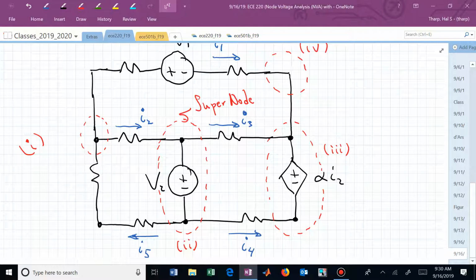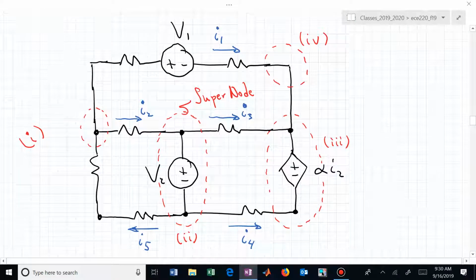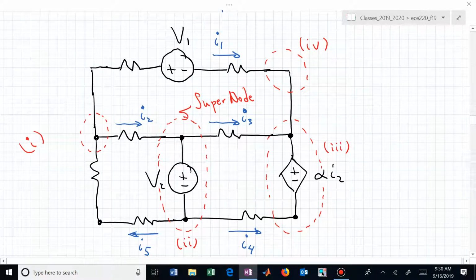Let's start with the lowest subscript current. I want to sum the currents out of that node, labeled as I. How would I do that? What's the KCL equation for that? I think I1's leaving, isn't it?